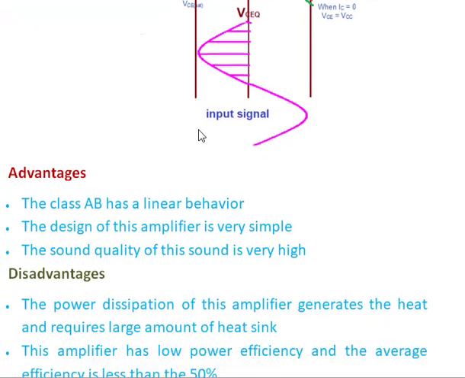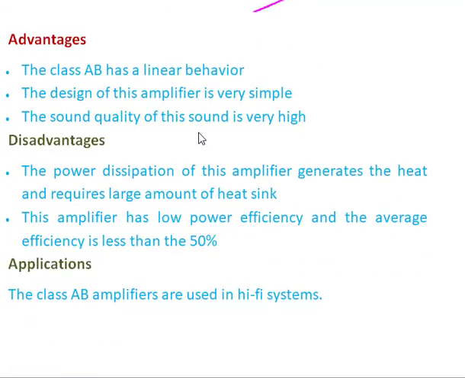Here, the advantage of this class AB amplifier is that it has a linear behavior, the design of this AB amplifier is very simple, and it has very high sound quality, so it can be used in audio systems. It has some disadvantages also.